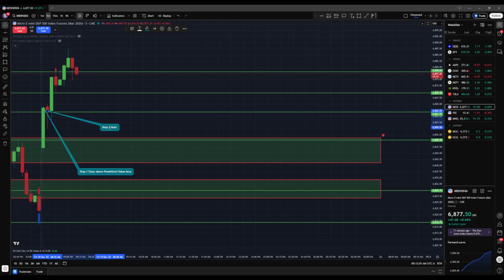Hold above. My gosh, cannot type today. Hold above value area, and this is also my entry point. And this would have been my take profit level 1, but we were already above that.